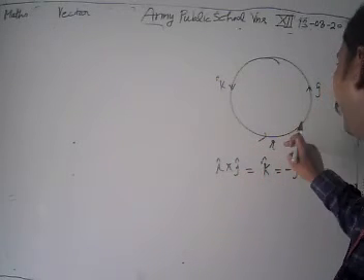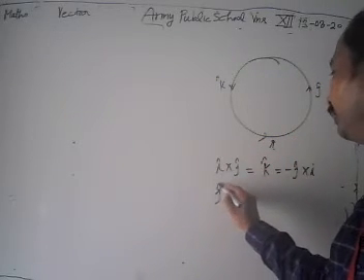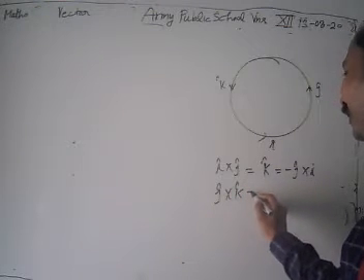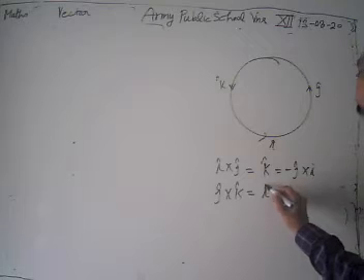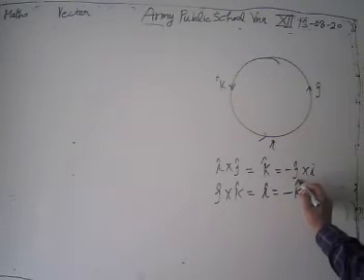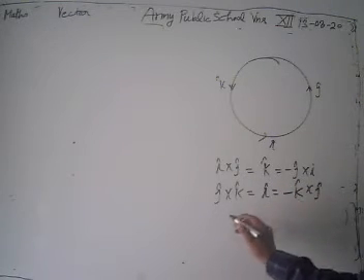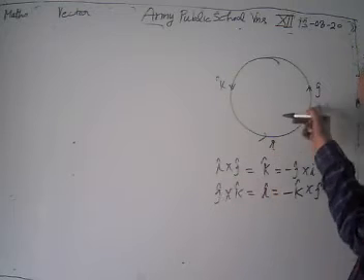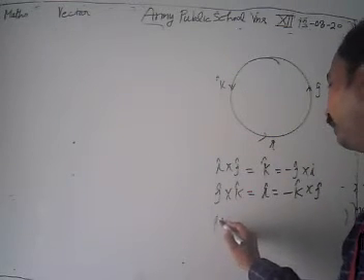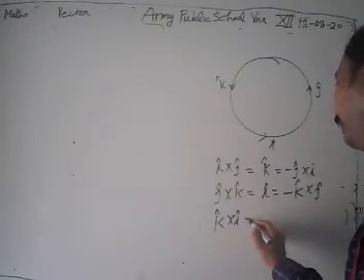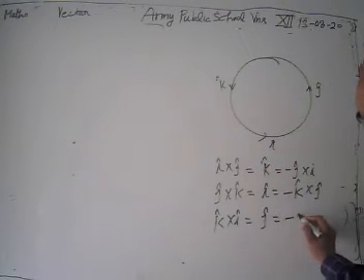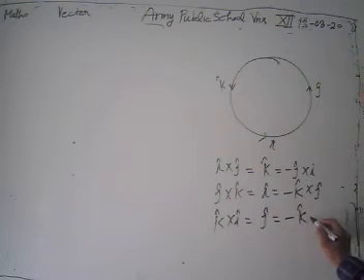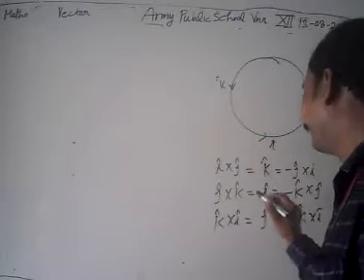Similarly, j cross k is i cap. Also we can write minus k cross j cap. And k cross i is defined as j cap, and also we can write minus i cross k.